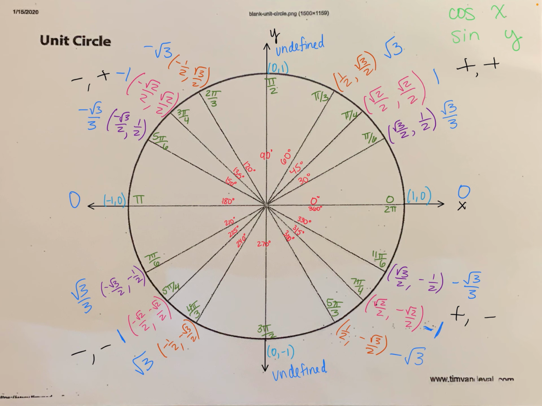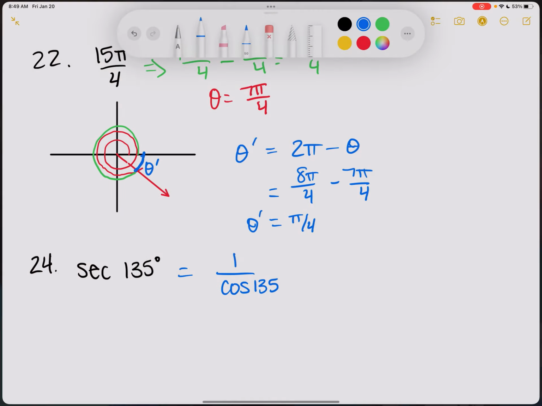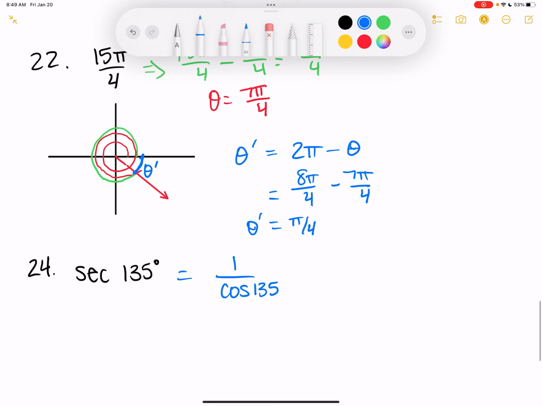Cosine is the x value, so it's minus root 2 over 2. So this is 1 over minus the square root of 2 over 2. If we divide by a fraction, it's the same thing as doing what? Multiply.